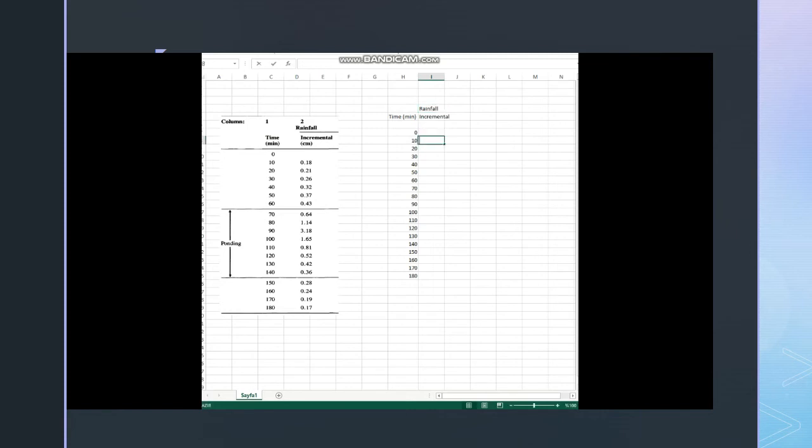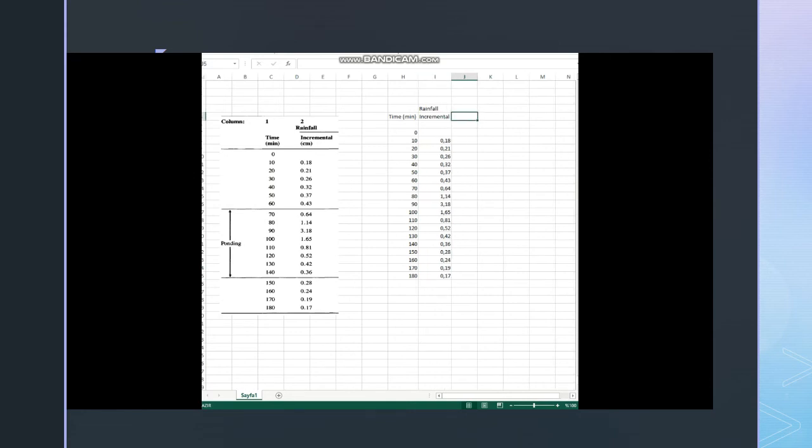At 0 it is 0.18, then 0.21, 0.26, 0.32, 0.37, 0.43, 0.64, 1.14, 3.18, 1.65, 0.81, 0.52, 0.42, 0.36, 0.28, 0.24, 0.19, and 0.17 is the incremental rainfall. Okay, let's expand it.